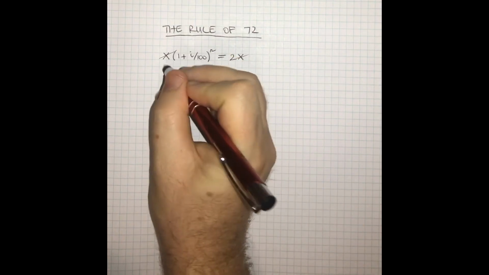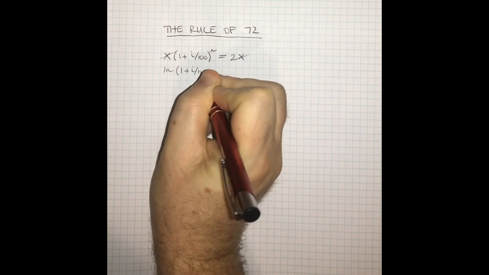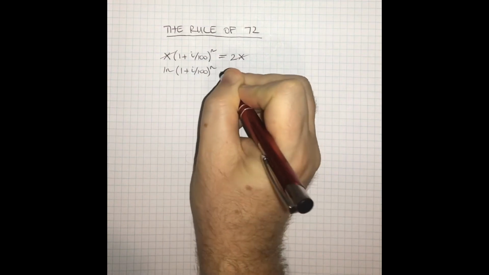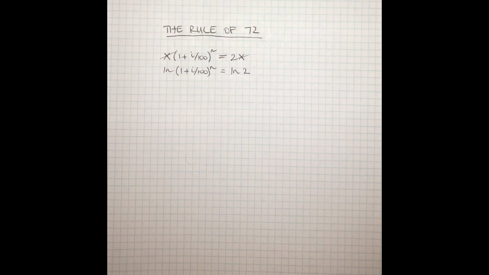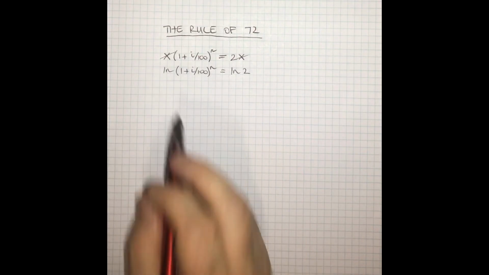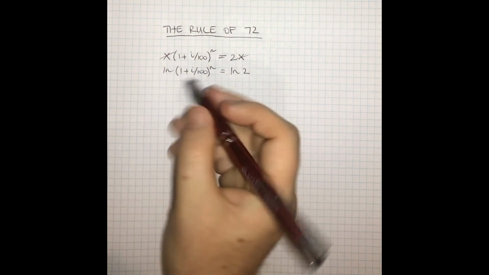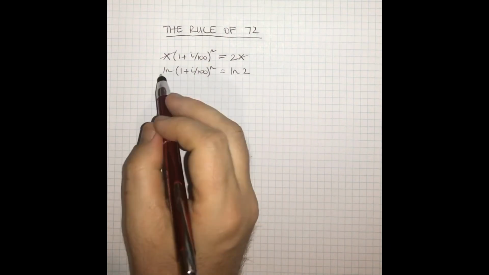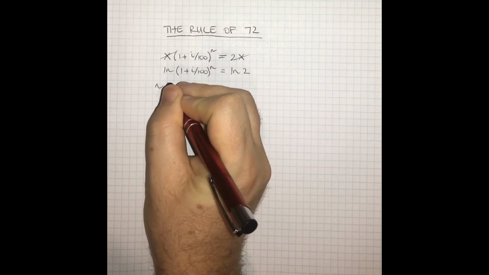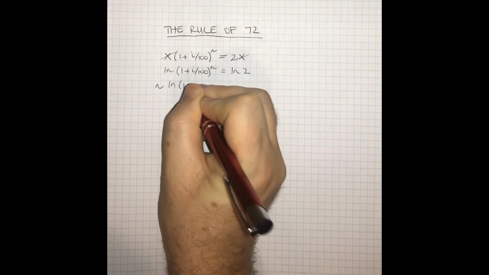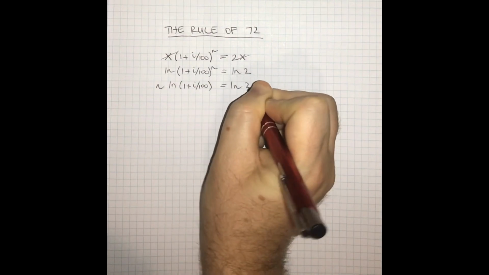So if we said the log of (1 plus I on 100) to the n was equal to the log of 2, we can then start to bring the n down and make the algebra a bit simpler. If you know your logarithms, you can bring the n down, which would give us n times the log of (1 plus I on 100) is equal to the log of 2.